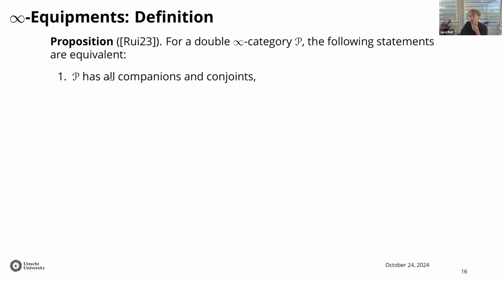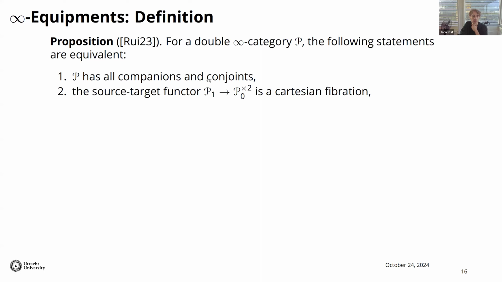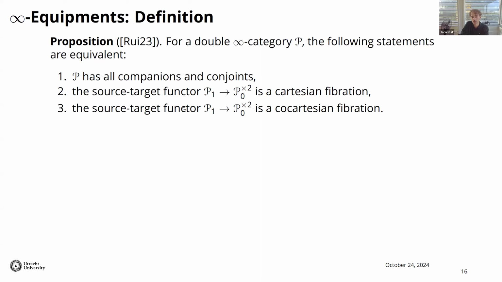You can ask for P to have all companions and conjoints for vertical arrows. But you can also ask for the source-target functor from P1 to P0 cross P0 to be a Cartesian fibration. Likewise, you can ask the source-target functor to be a co-Cartesian fibration. Cartesian means really a fibration of this kind; that's just the terminology used here.